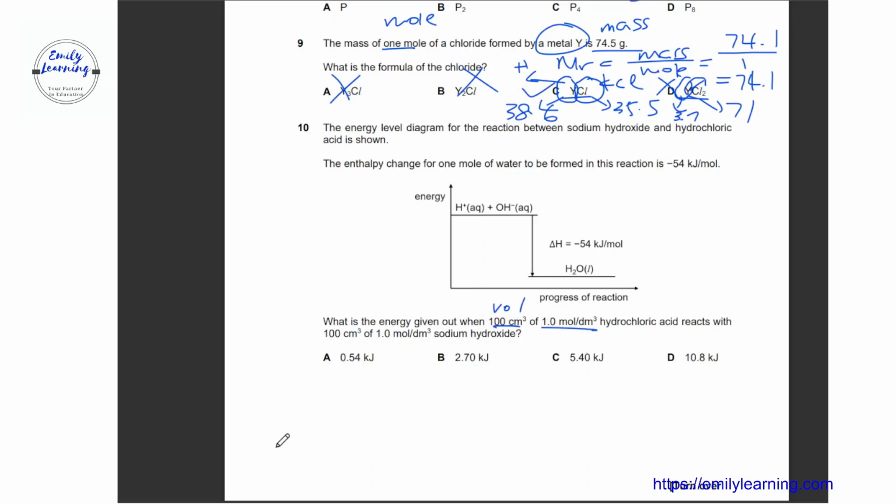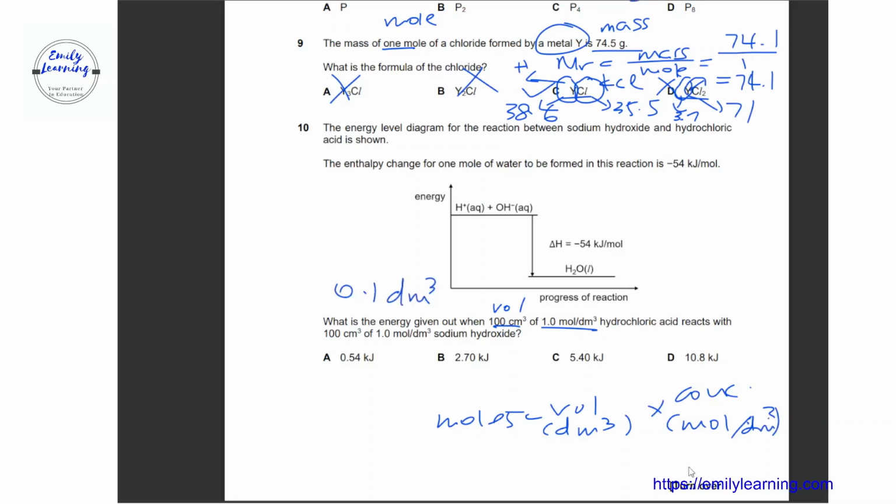In order to find the number of moles, moles equals volume in dm3 multiplied by concentration in moles per dm3. 100 cm3 is basically 0.1 dm3, because I take 100 divided by 1000. So I have 0.1 moles of hydrochloric acid. Similarly, I also have 0.1 moles of sodium hydroxide.